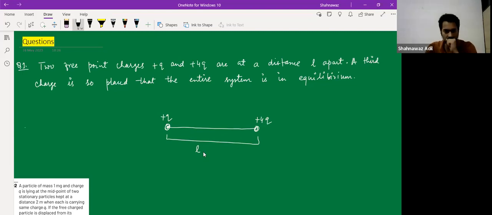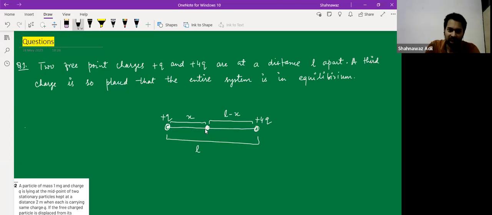And a third charge is so placed that the entire system is in equilibrium, right? So a third charge is placed at some distance x. We have to calculate this distance x, and then we have to calculate the charge on this. What kind of charge should we put so that the whole system is in equilibrium? So the first question would be, what would be the polarity of that charge that we should put?